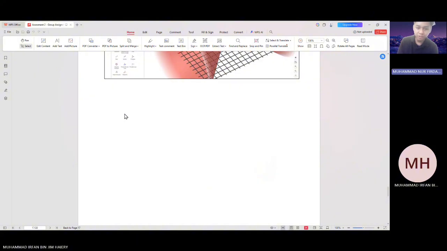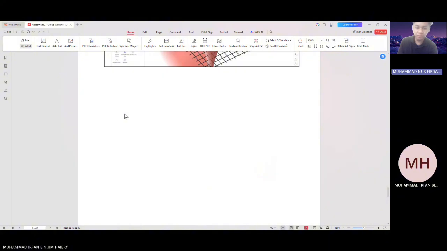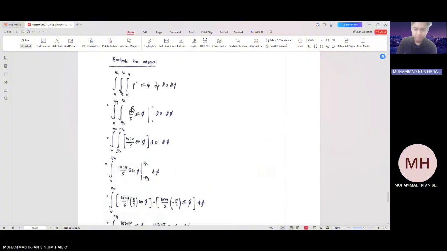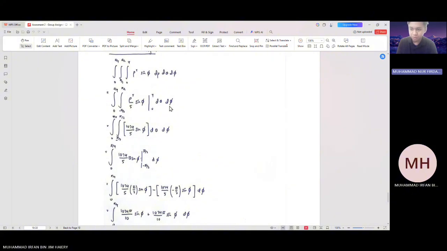From the diagram, we determine the limits. Rho ranges from 0 to 1, theta from 0 to 2 pi, because the region lies in the first quadrant. And phi we determine with trigonometry, cos of 2 times square root and 4.